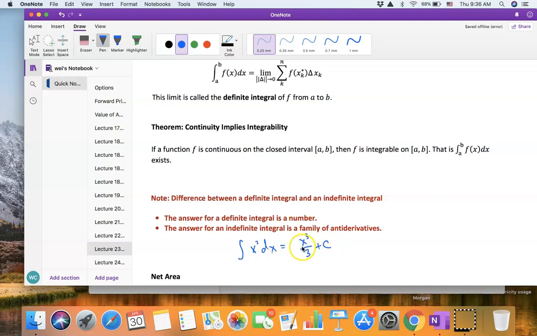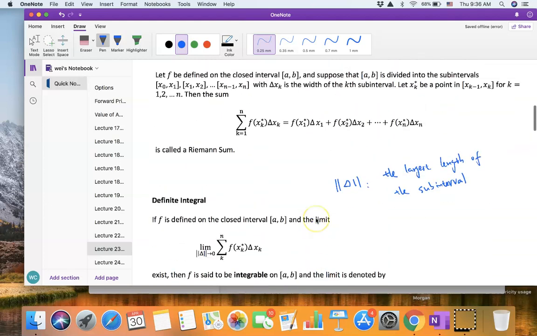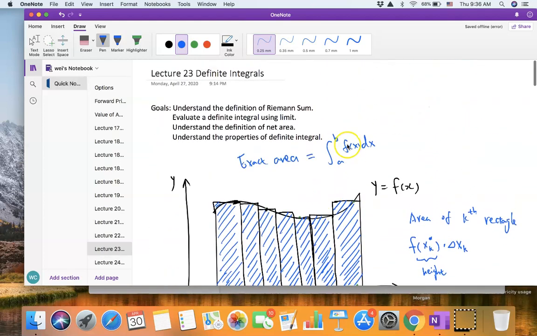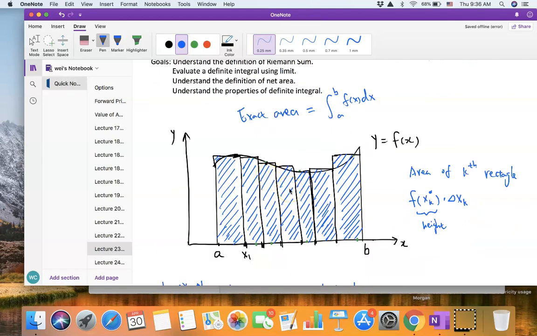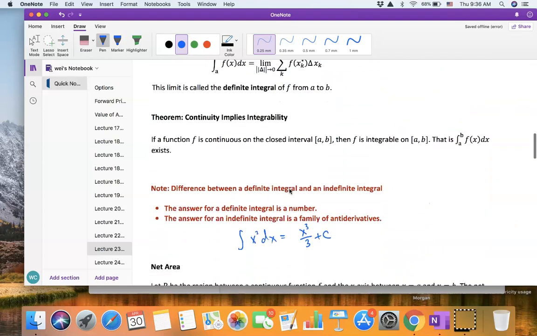This is a family of antiderivatives of this function, x squared. And the result of a definite integral is a number. Why is it a number? Because the result of a definite integral gives us the area of a bounded region. So that's why it is a number.